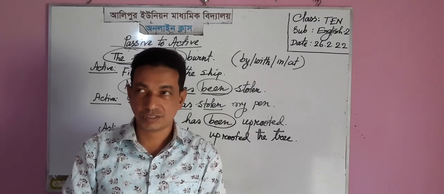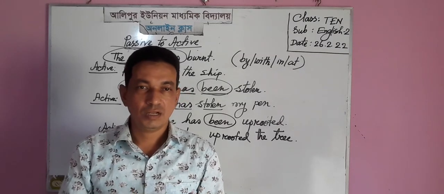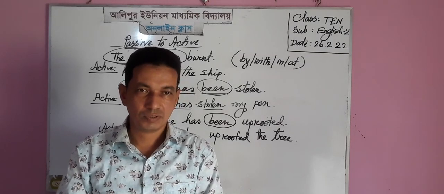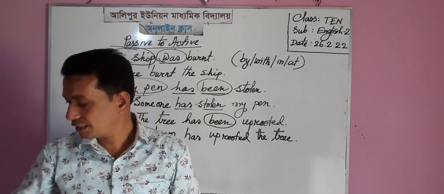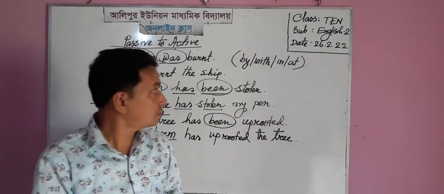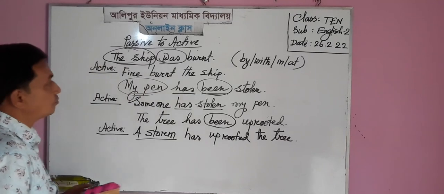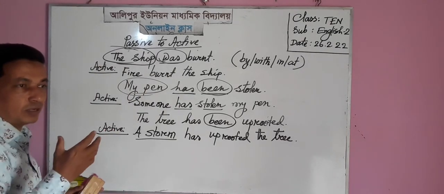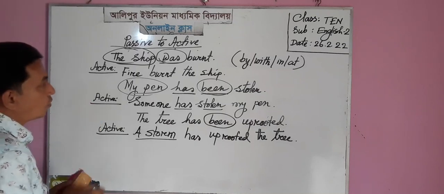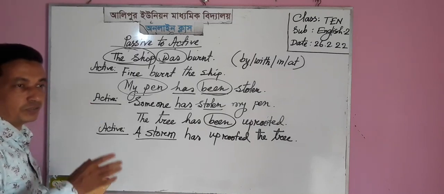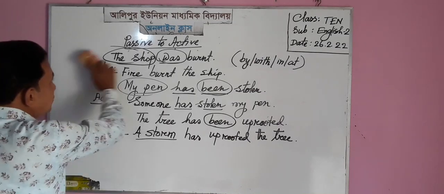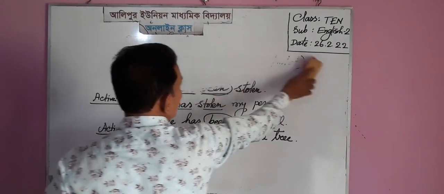In a complex sentence we have to change both types of clauses according to the rule of passive voice. Dear students, I will give an example of a complex sentence, and after that we will see how it should be changed into passive voice. Follow me and look at the whiteboard.